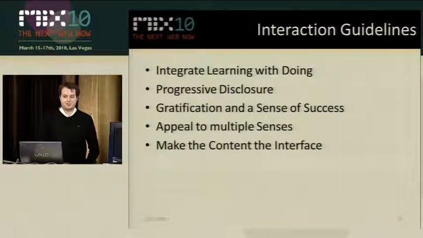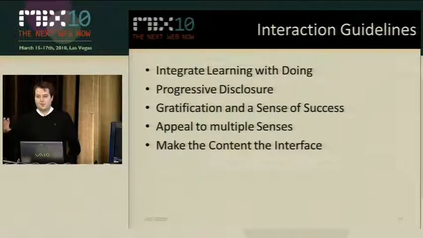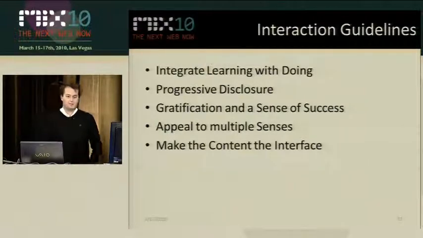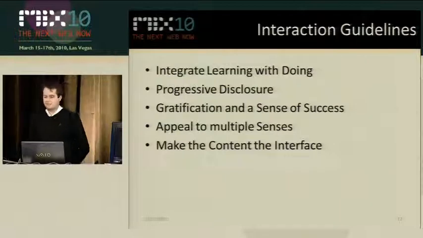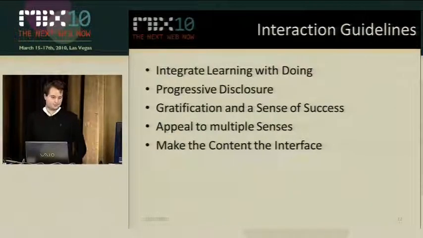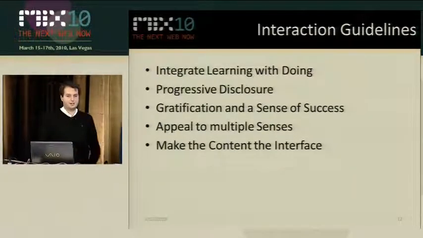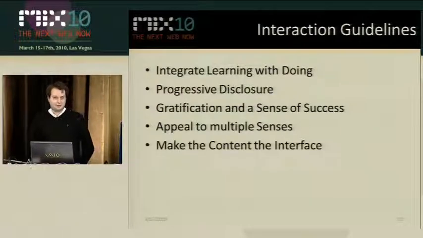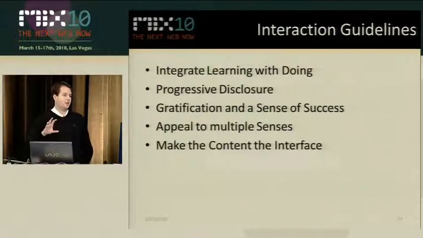Therefore, there should be a full path from novice to expert that you could include. Next, there is progressive disclosure. You should let users navigate through the environment, and you should also provide on-demand deeper views of an object.